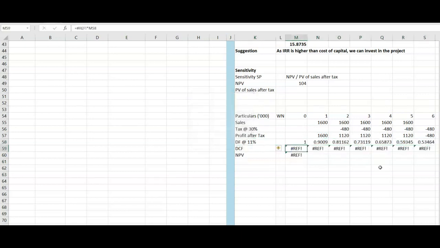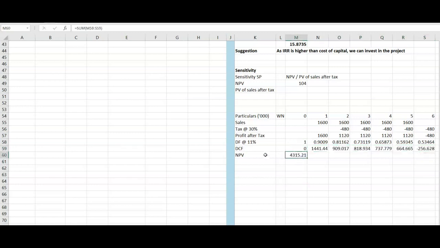So for multiplication purpose, we have to multiply the profit after tax into this number. Okay, so that is all done. So we'll just copy it and we'll paste it across 6 years. And finally we got the answer.